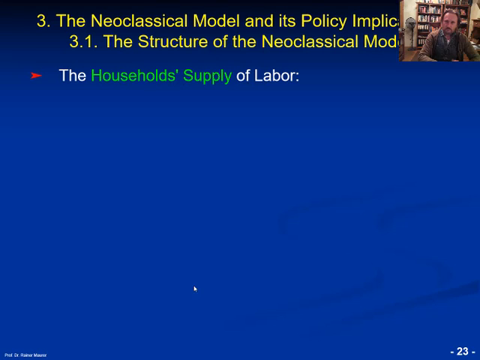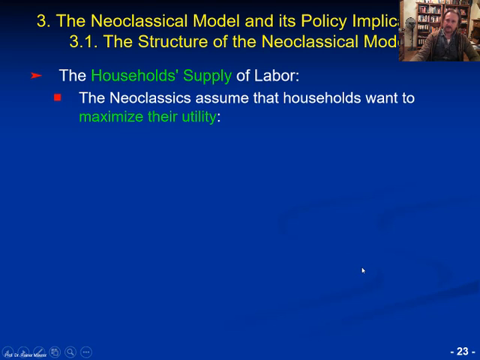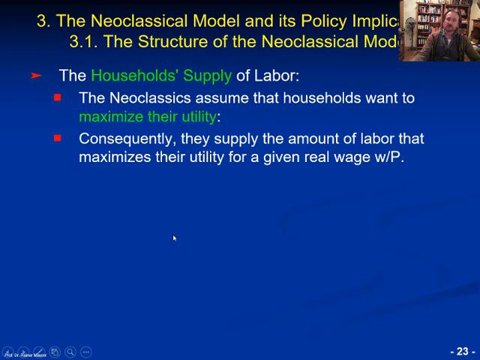Now, let's take a look at the other side of the labor market. What determines the supply of labor by households? The neoclassics assume that households want to maximize their utility. Consequently, they supply the amount of labor that maximizes their utility for a given real wage.